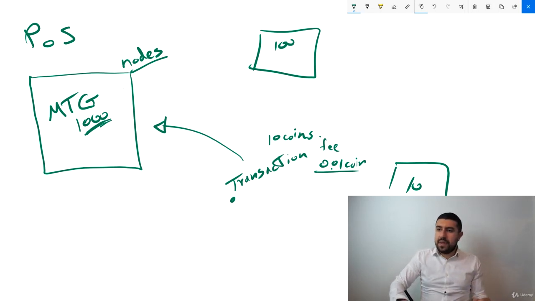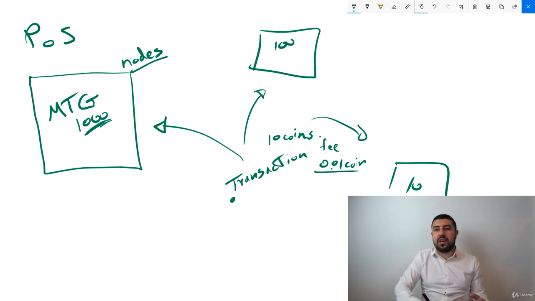And in this way, people are going to get transactions to confirm randomly based on the amount of coins they have. So if you have 100 coins, you have 10 times less chance of getting a transaction, but that's fair because this person has 10 times more, so he should have 10 times more chance. It's a linear relationship.